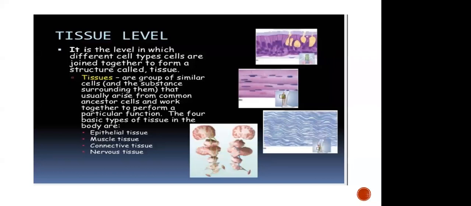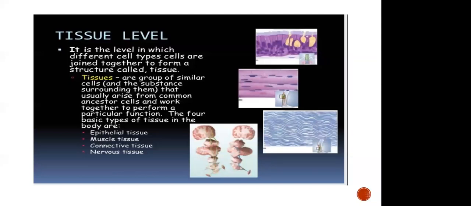Okay, all of you look at the screen. Here, the tissue level of organization. Up to now, we discussed about cellular level or cell level organization, isn't it? Now, let us discuss about tissue level of organization. What is meant by tissue? Tissue, a group of similar cells. We already discussed, group of cells are combined to form tissues.